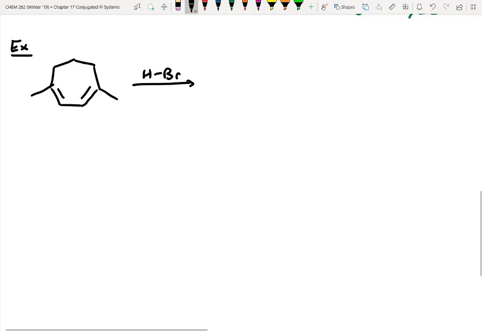I got you all used to drawing these 6-membered rings. Now I threw an extra carbon in. So I'm going to just draw my 7-membered rings because that might take me a while.